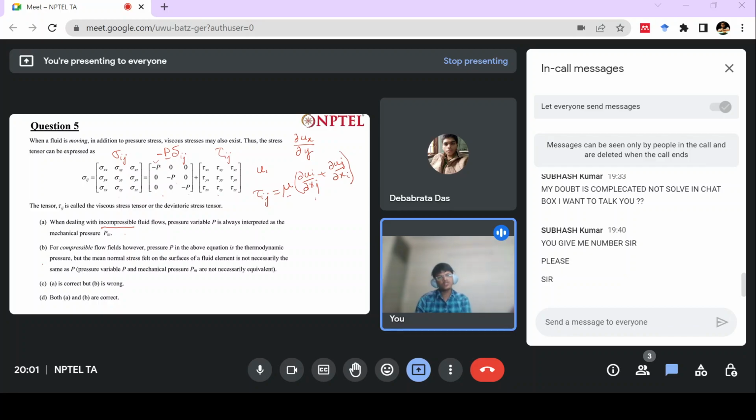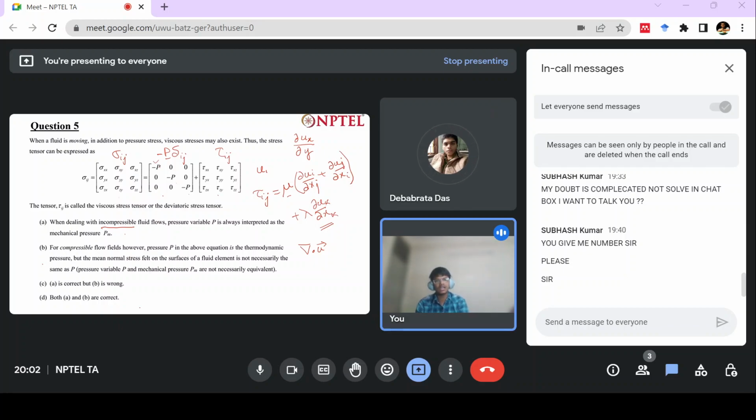This is one component, and another component is defined like this. Del x this. What is this? This is the same as this. When we have repeating indexes, we just add them up, right?